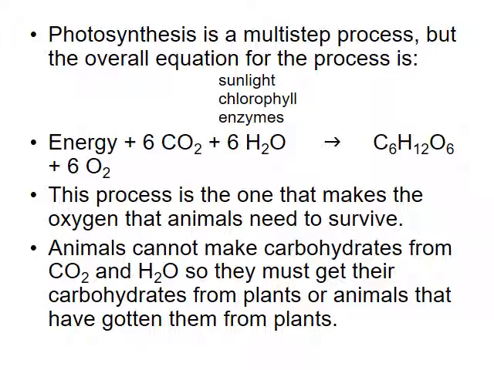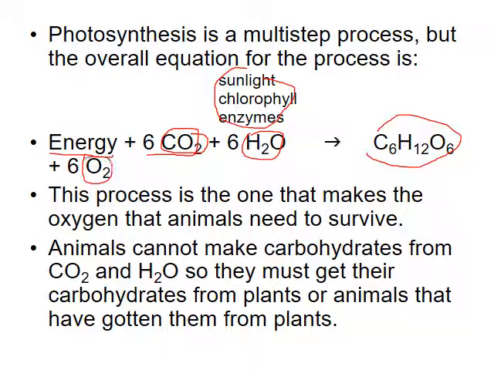Seems weird, but what happens in plant cells is they take energy from the sun, they take carbon dioxide from the air, combined with the water in the ground, with a bunch of stuff here, sunlight, enzymes, chlorophyll, and it makes glucose and oxygen.